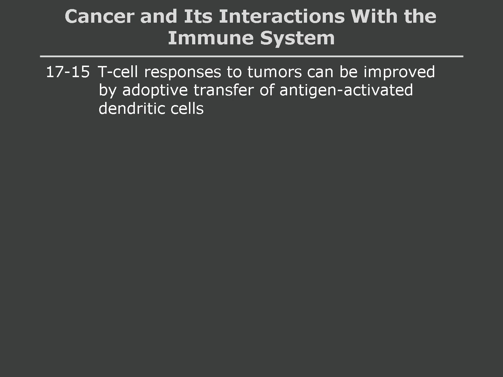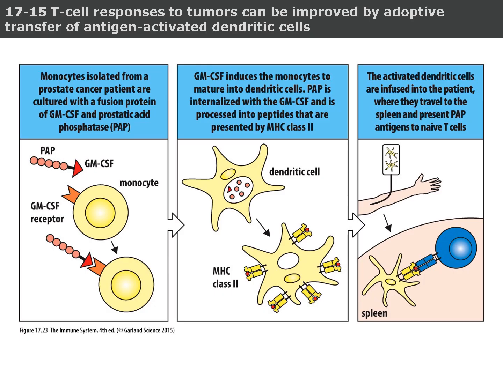T-cell responses to tumors can be improved by adoptive transfer of antigen-activated dendritic cells. This figure describes how T-cell responses to tumors can be enhanced by adoptive transfer of antigen-activated dendritic cells. Monocytes isolated from a prostate cancer patient are cultured with a fusion protein composed of granulocyte macrophage colony-stimulating factor and prostatic acid phosphatase.